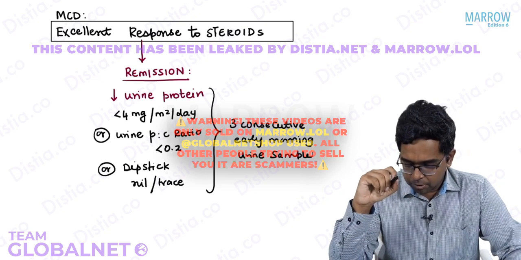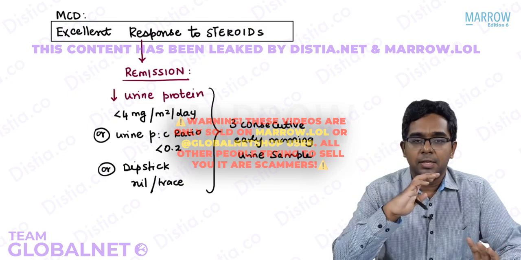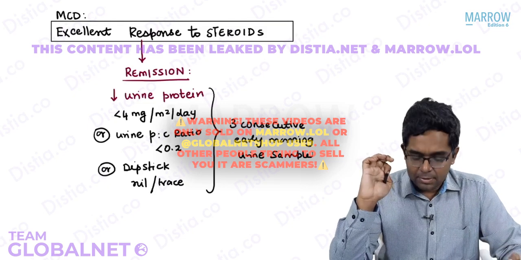So very important is that 3 consecutive days' first morning urine samples have to be analyzed. Then only you can call it remission.